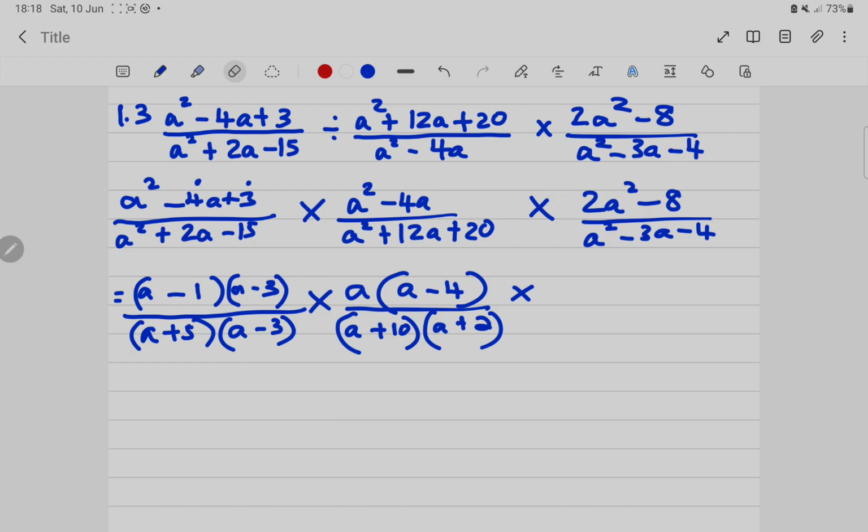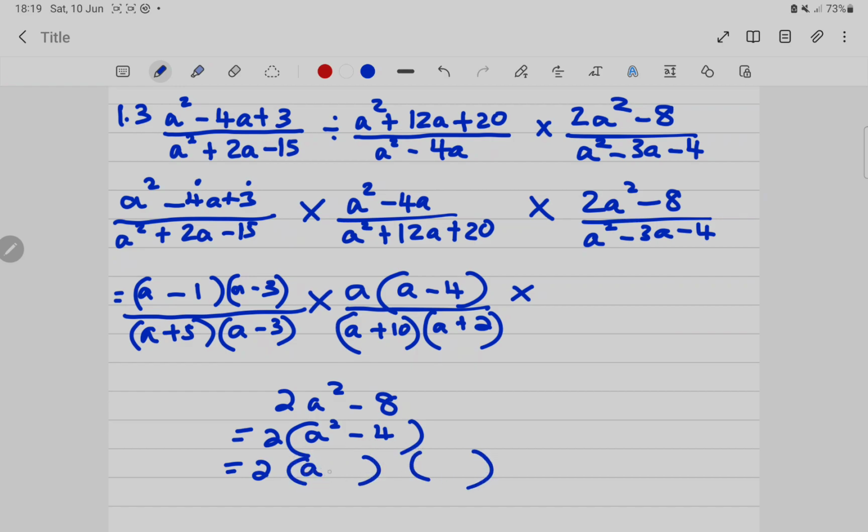For this one, we are given 2a squared minus 8. Now let's factorize. The common factor first is 2, and what is left inside the bracket is a squared minus 4. Again, 2 is common, but this one is a difference of 2 squares. It means we must open up 2 brackets. For a squared it is a and a. Then the square root of 4 is 2, so we've got 2 and 2.